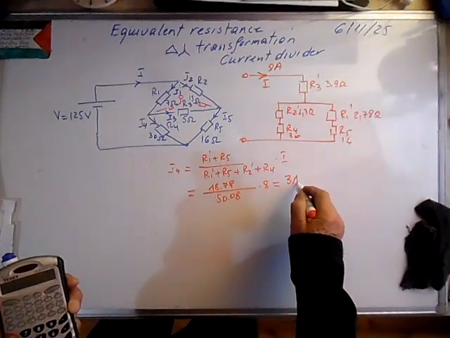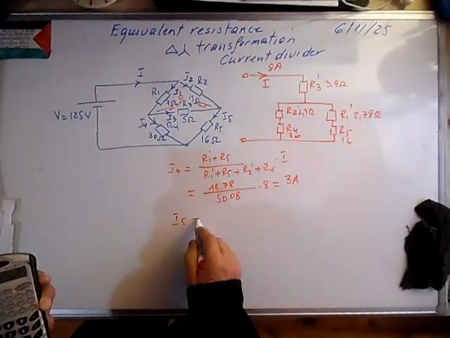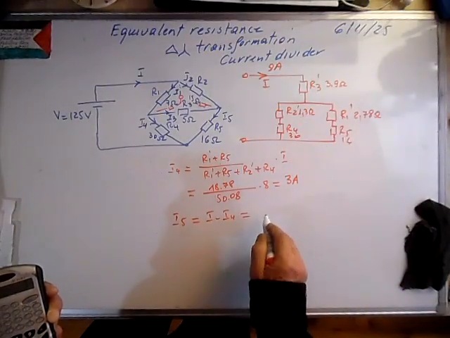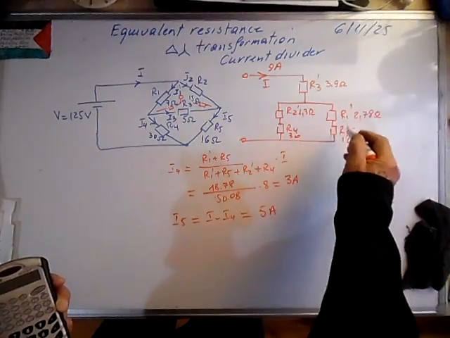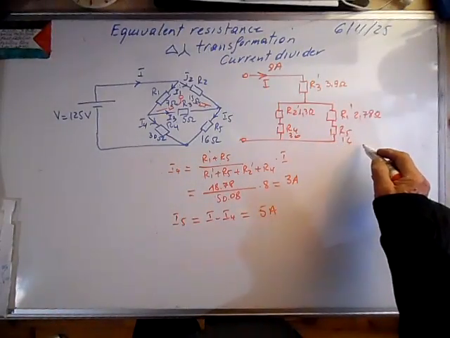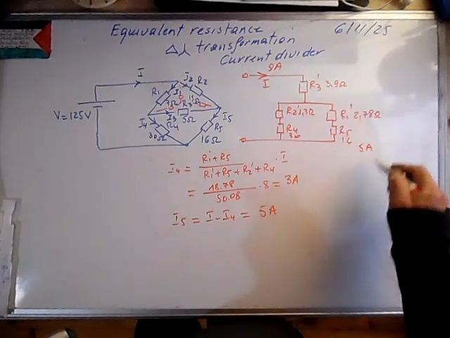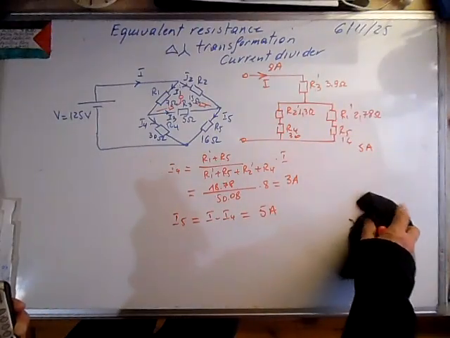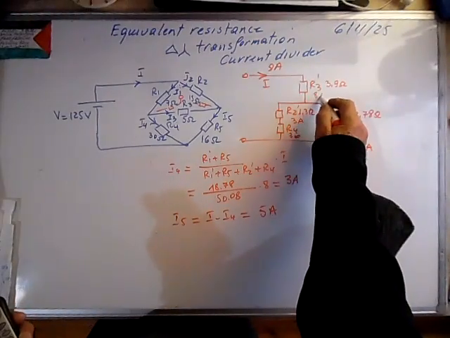It's 3 amps. It means that I5, the current flowing here, will be I minus I4, so it's 5 amps. Here flows 5 amps, here we have 3 amps, here we have 8 amps.